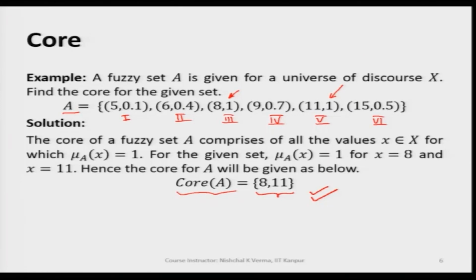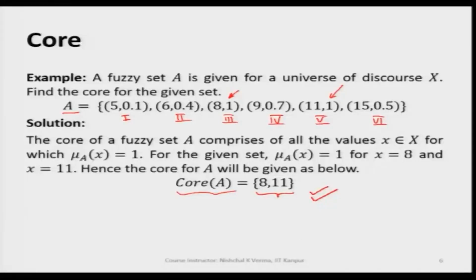It is very important to note that when writing either the support or the core of a fuzzy set, we only write the collection of the generic variable values. We do not write the corresponding membership values along with them. We only write the values of x, and that is how we get the support and the core of a fuzzy set.